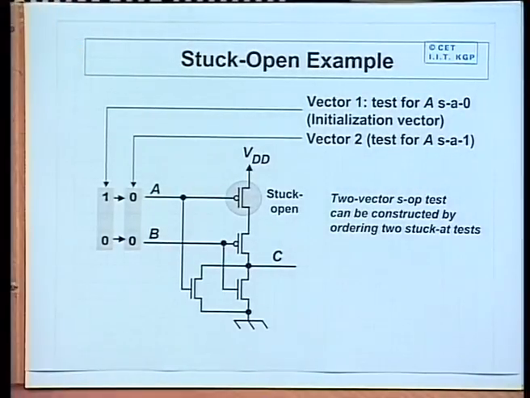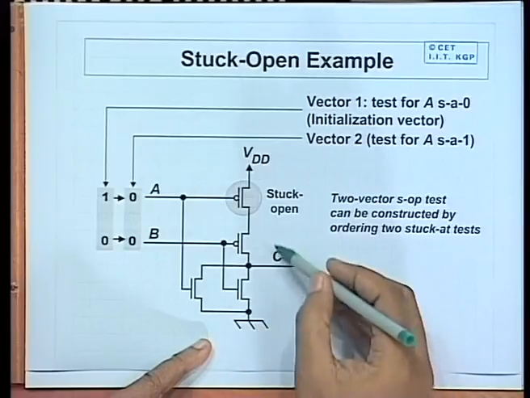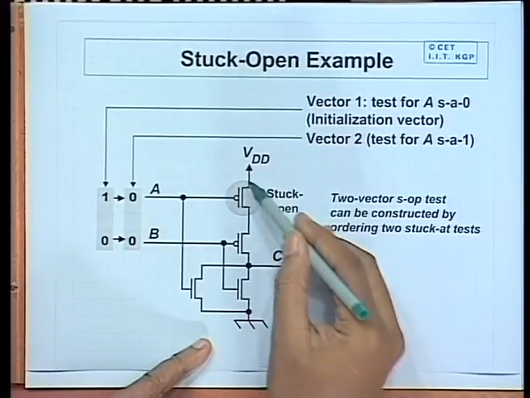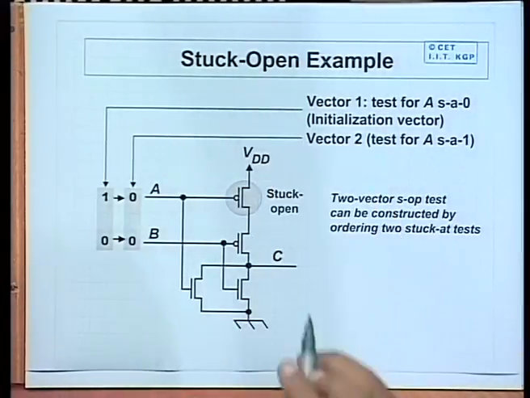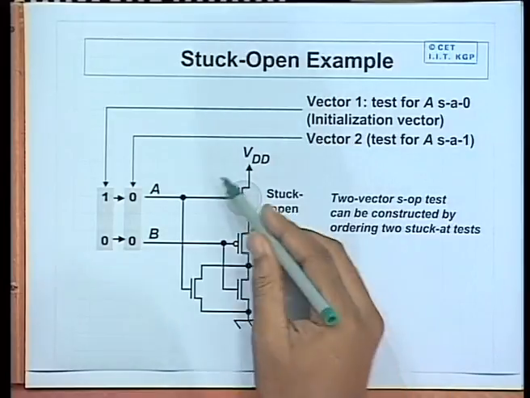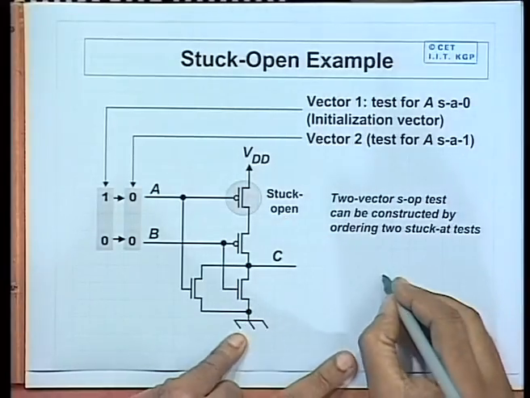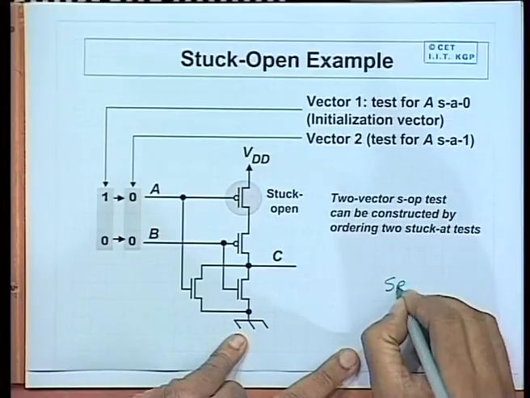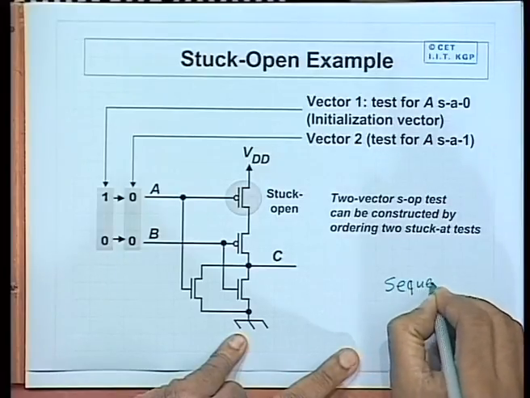First, we look at the transistor stuck open example. Before I explain this, let me tell you one thing: stuck open is interesting because this is an example of a 2 input NOR gate. A stuck open fault can make a combinational circuit exhibit sequential behavior.